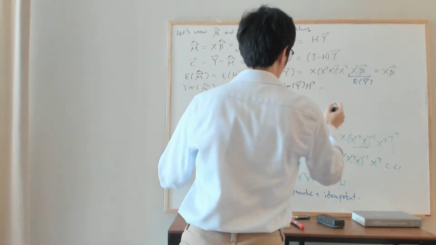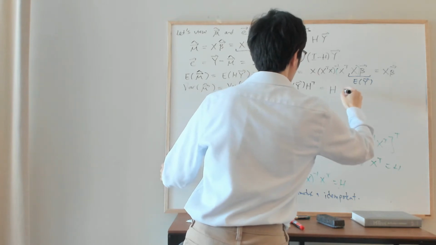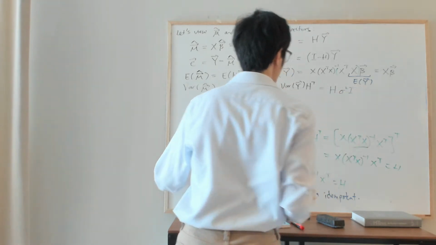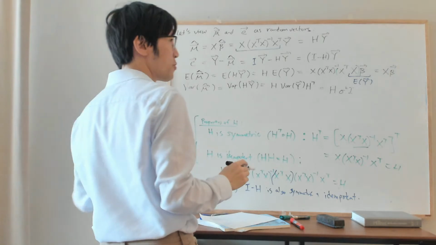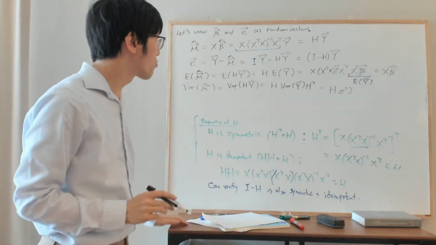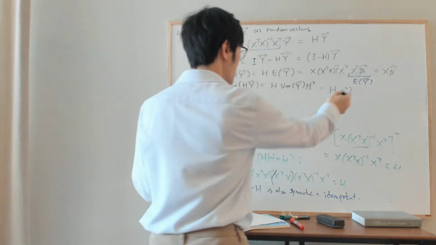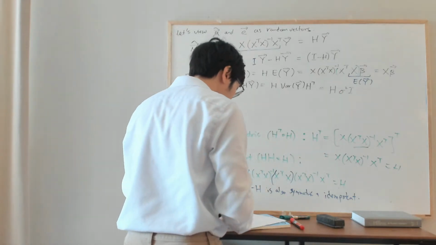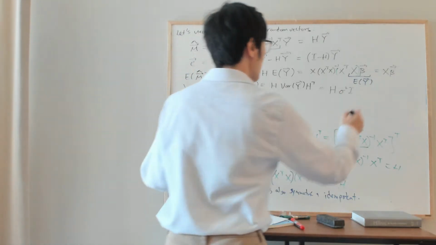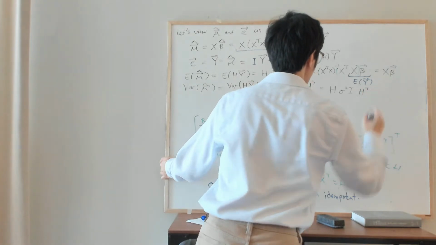Let's plug in the variance of y: H sigma squared identity, because all the errors are IID with variance sigma squared. That's the covariance matrix of y, and then H transpose.